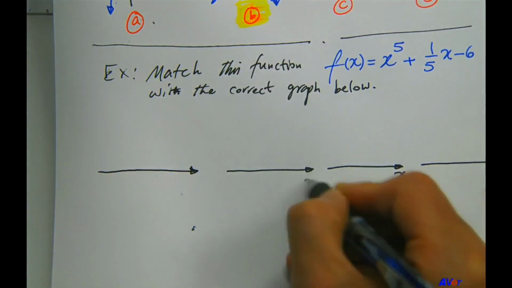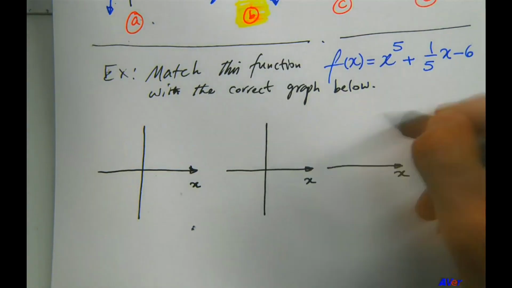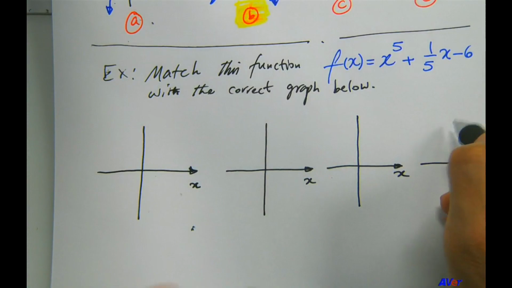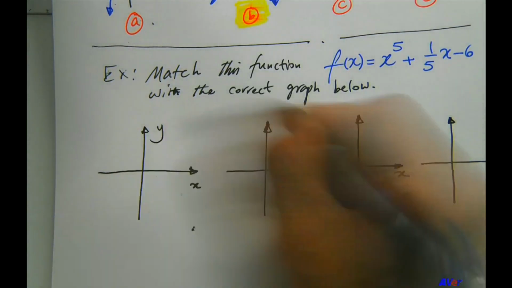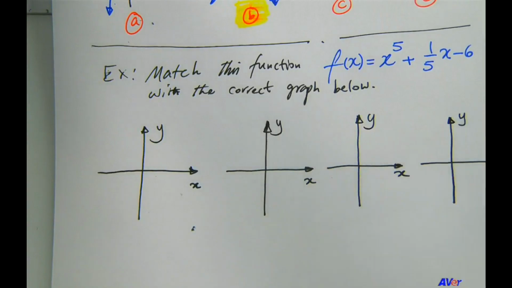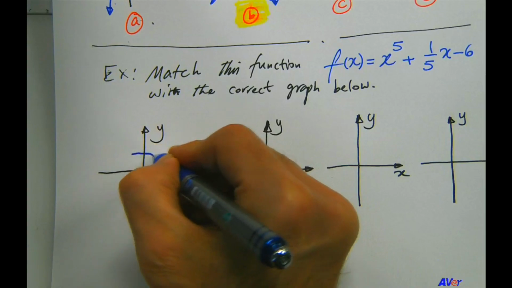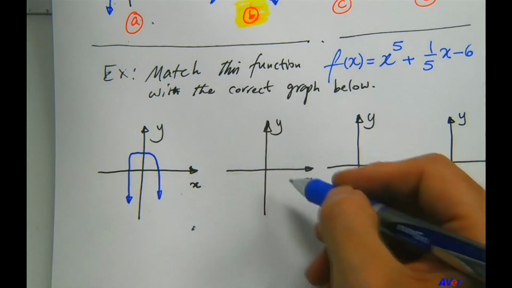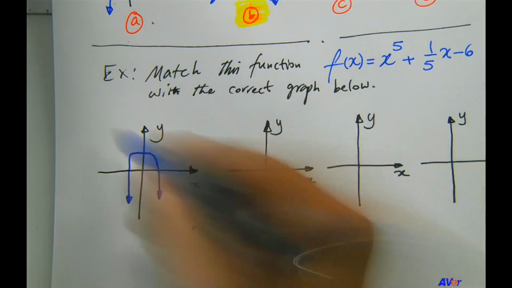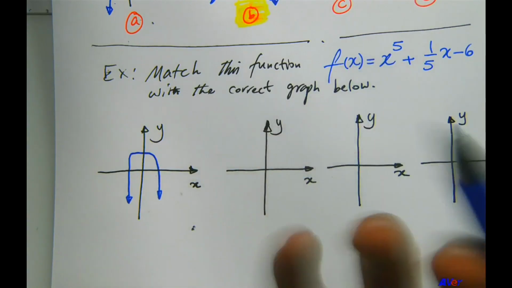So we have the x-axes and of course the y-axis. One graph looks like this. The endpoints are pointing in the same direction. As I'm doing this, you've got to be thinking about the leading term and what the graph should look like.